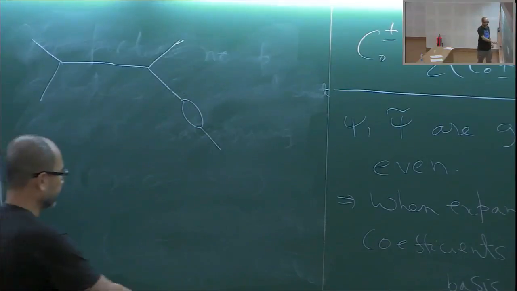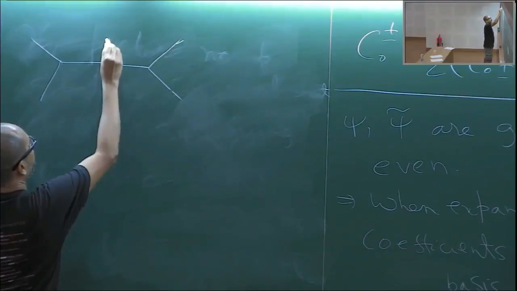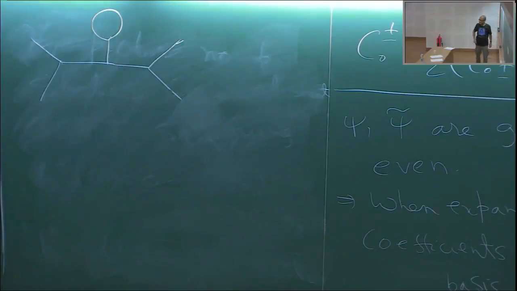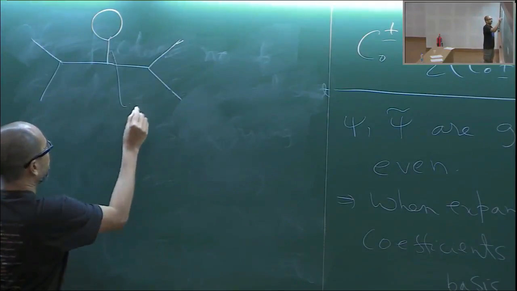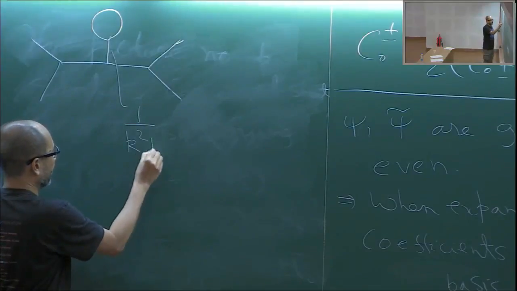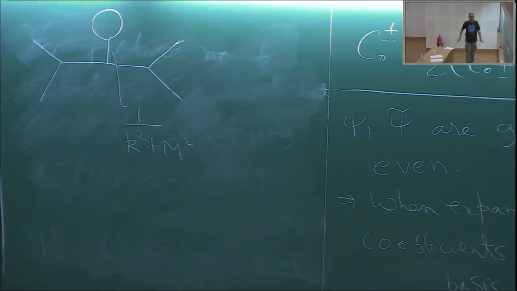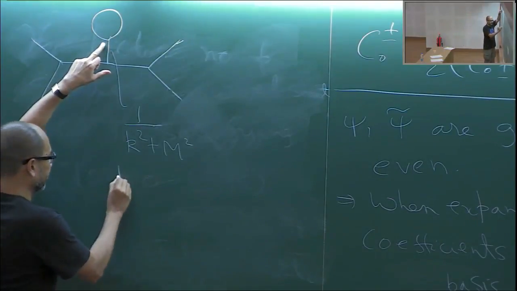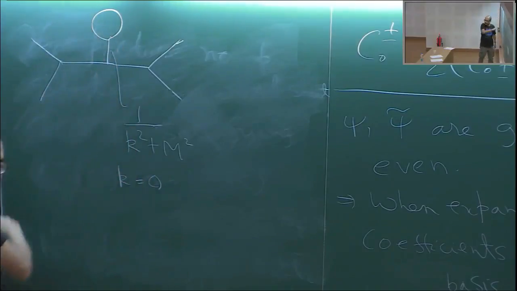So let's look at a diagram of this form, and suppose you are trying to calculate this in string field theory. This leg has a propagator which is 1 over k square plus m square, which is okay as long as m is non-zero. But for this leg the propagator is this, where k is 0 because by momentum conservation k cannot flow anywhere.